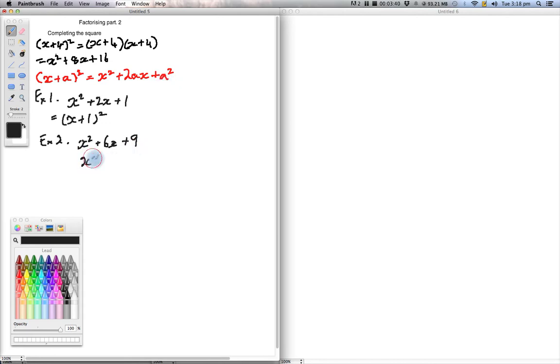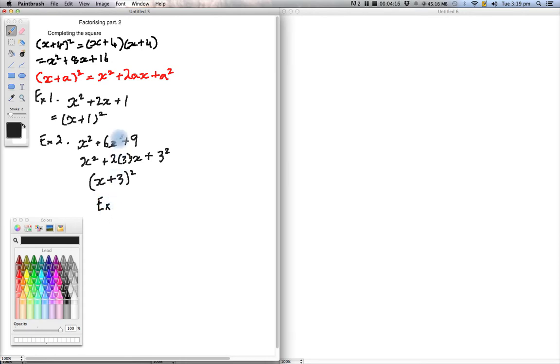So here we could write this as 2 times 3, that gives us 6x, and the 9 would then be this middle one squared plus 3 squared. And it turns out that 9 is 3 squared. So this works perfectly well as a perfect square with 3 being our a. So it's x plus 3 squared. Okay, so hopefully those two examples show you kind of what we're aiming for here.